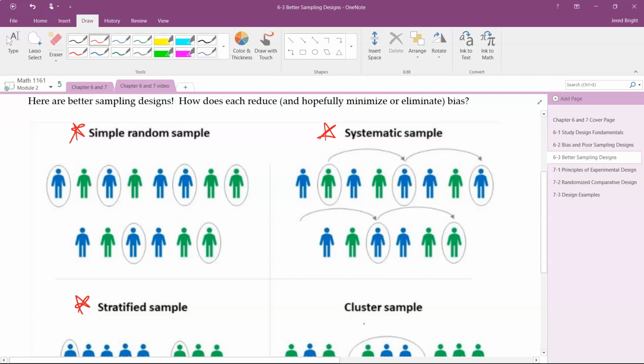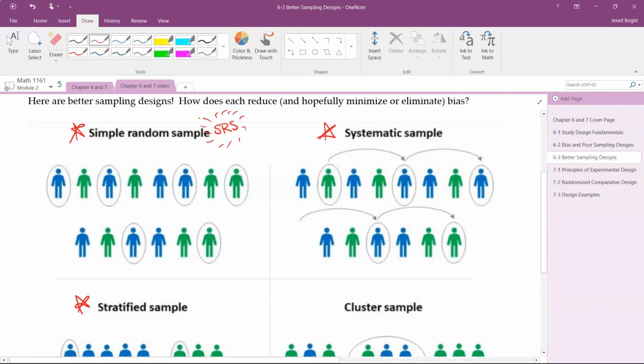Okay, so simple random sample, we're going to abbreviate this SRS. This is kind of like if we had a holy grail of statistics, this would be it. This is kind of what we strive for at all times. And the idea is that you throw everybody into a pool and you randomly pick out a number corresponding to a person and ask them to be a part of your study.